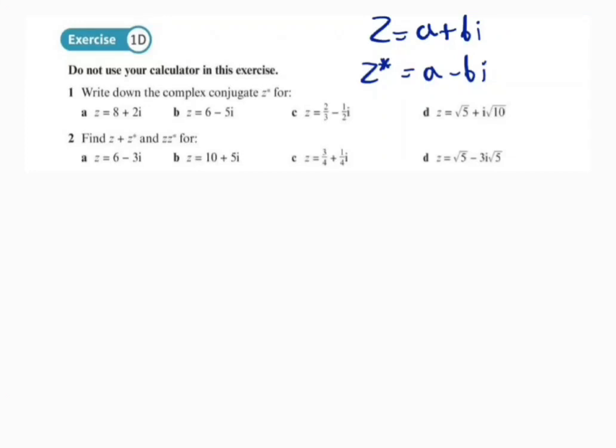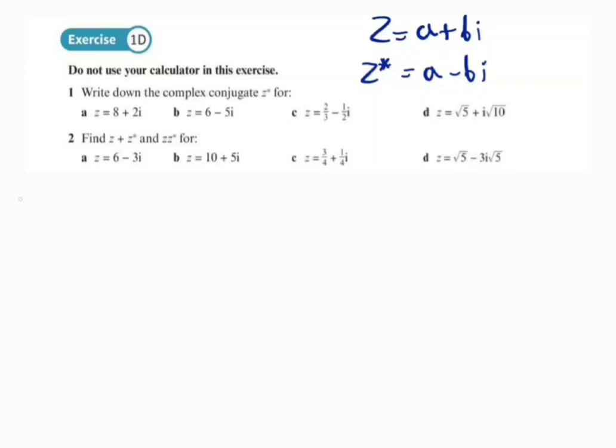Basically, you negate the imaginary term, and that's it. This allows us to do some very interesting stuff in different aspects of working with complex numbers. We can use this concept. Now this is an introduction, so there are some very basic questions.